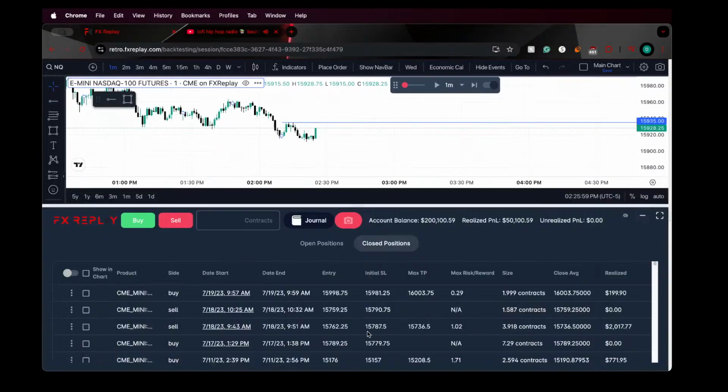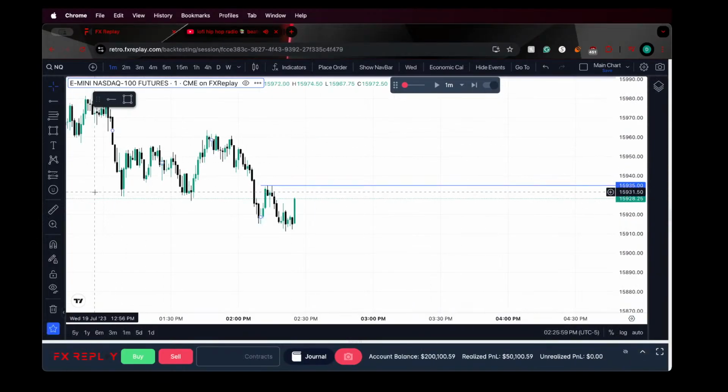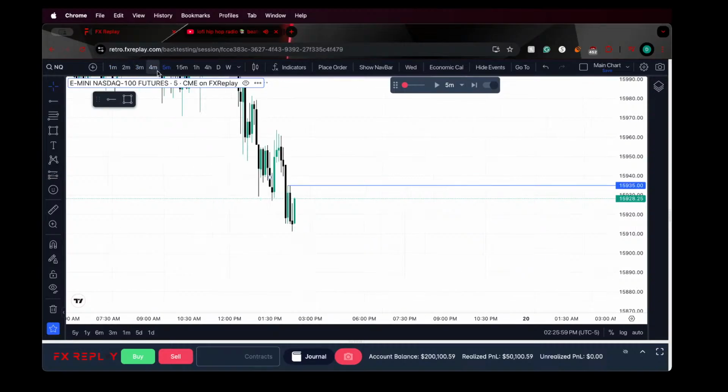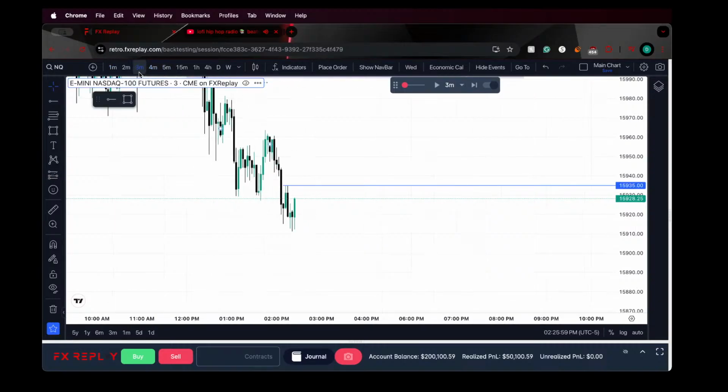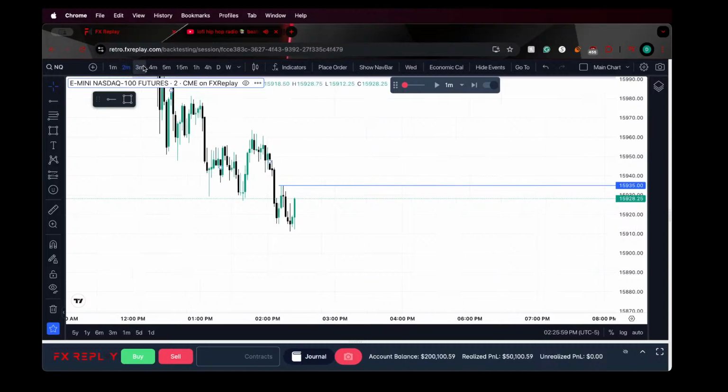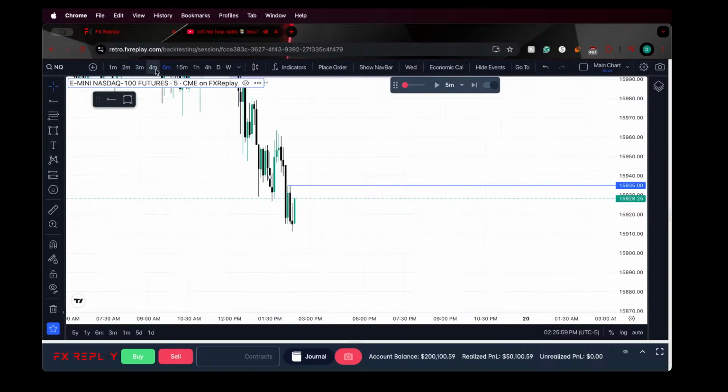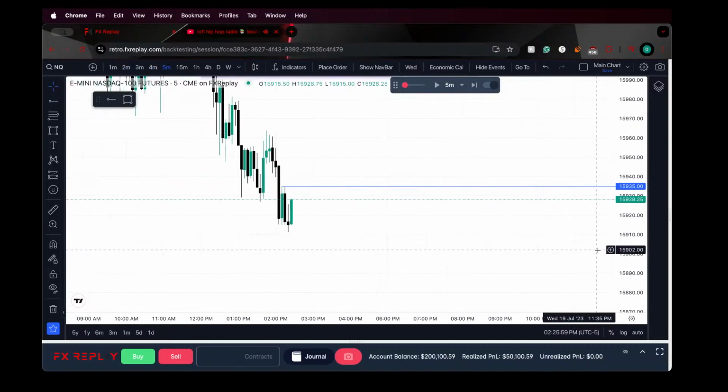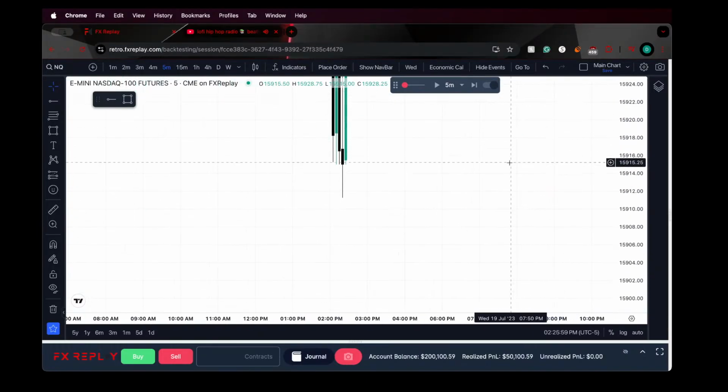Did we already catch a W for today? 18. I don't know. The way I'm looking at it is it's a 5-minute, and did we close below it? Yeah, we did close. No, we didn't close below.